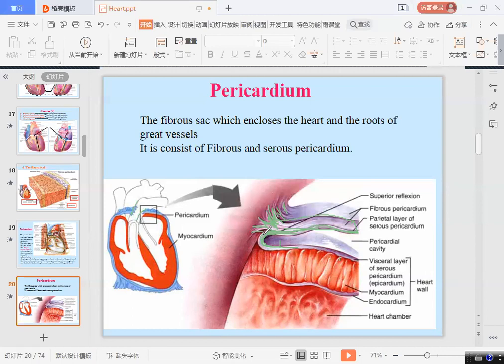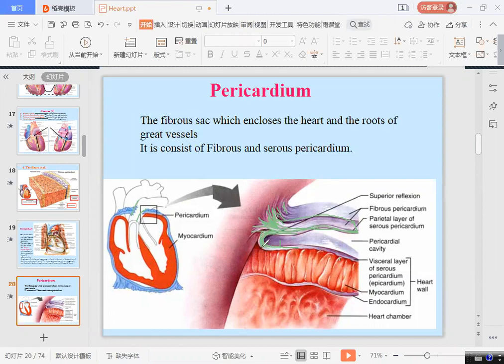And because of this reflection, there is a creation of some empty spaces, and those empty spaces are known as pericardial sinuses. Those sinuses are because of this reflection. So remember, the attachment with the great vessels is with the fibrous pericardium, not this reflection.